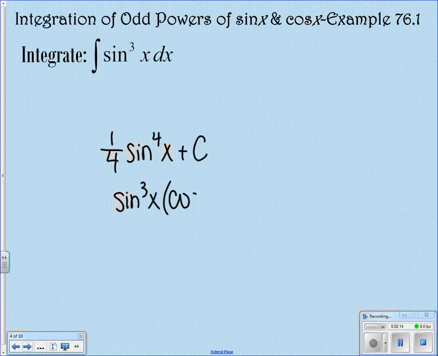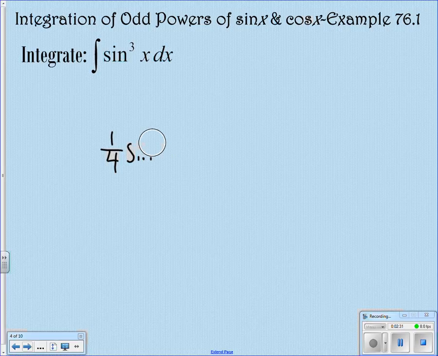And then you have to take the derivative of sine, which is going to give you a cosine. Well, if you look up here, we don't have a cosine. And so that's not how you're going to do those. All of the problems that have been set up like this have had that cosine or the sine right behind it in the original problem, and so that's why you've been able to do what I just wrote. But that's not how this one is going to work.